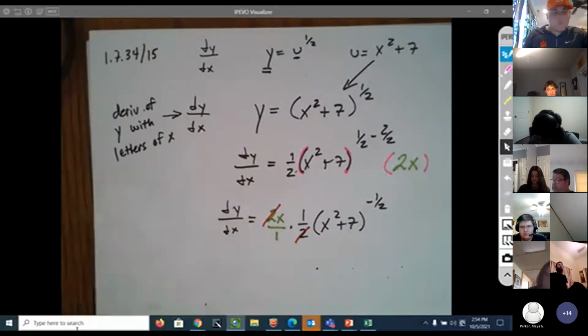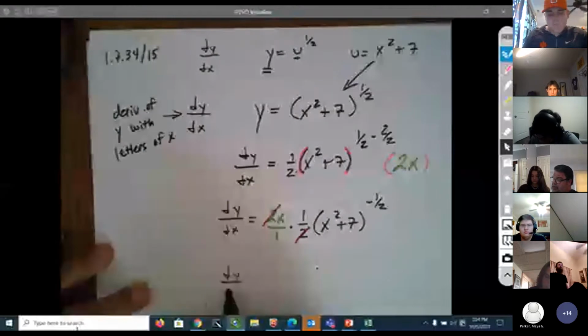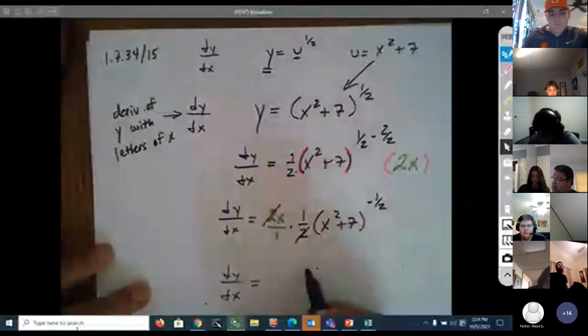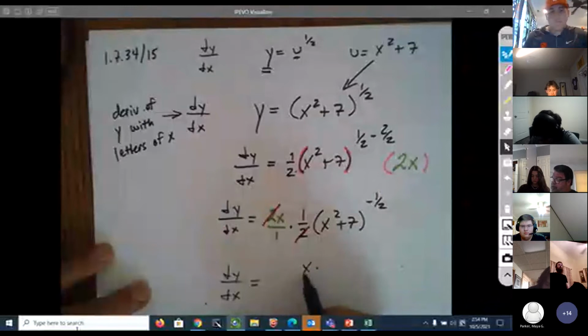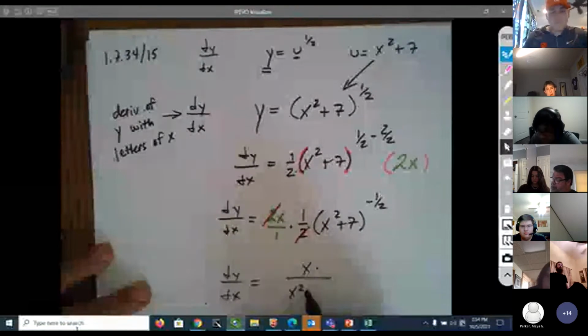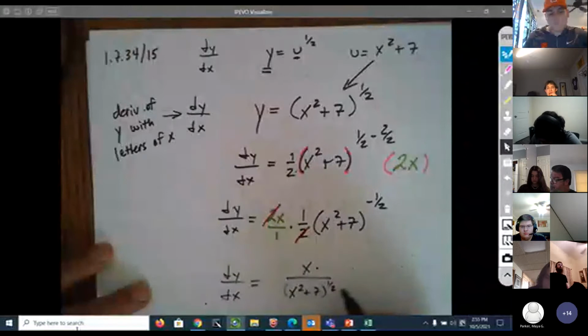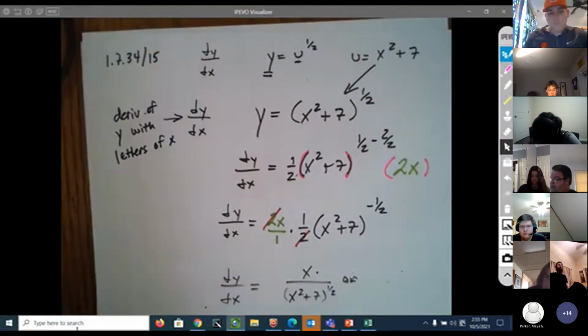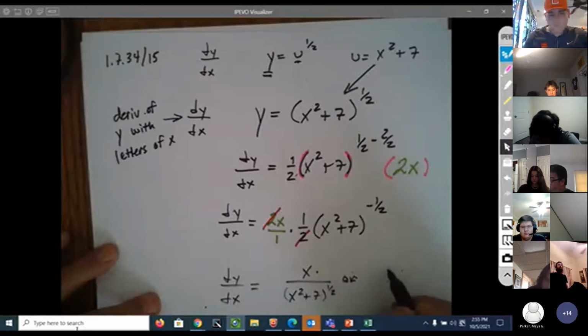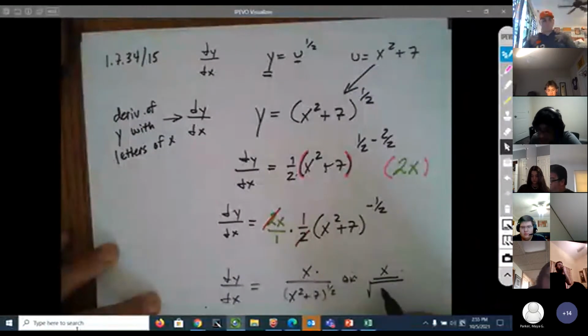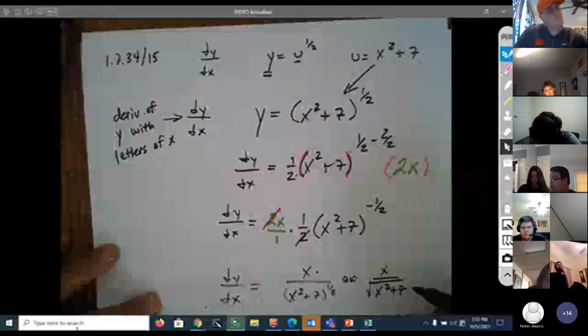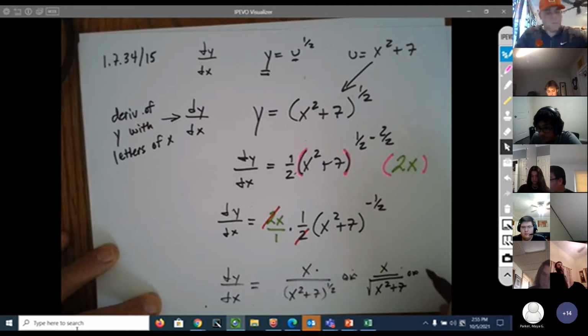So our final answer, dy dx, is equal to x over x squared plus 7 to the 1/2 power, or x over the square root of x squared plus 7, in which you'd multiply by the square root of x squared plus 7, and you get x times the square root of x squared plus 7 over x squared plus 7.